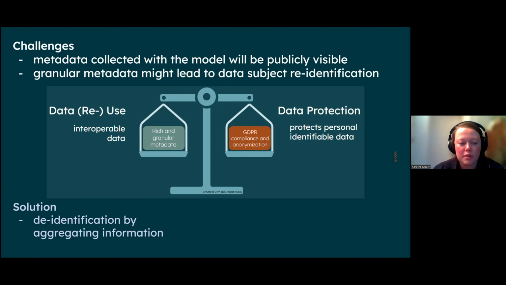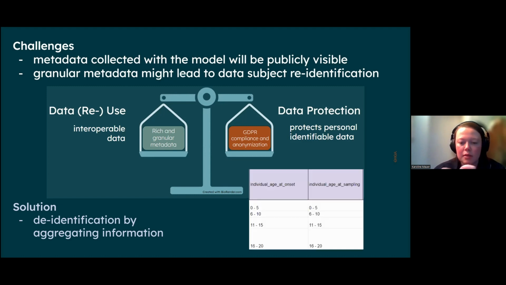Together with Simon, our data protection coordinator, we found the solution to de-identify data subject information as much as possible by aggregating the information. This means that, for example, for the ages, we defined ranges of 5 years, which the submitter has to submit.